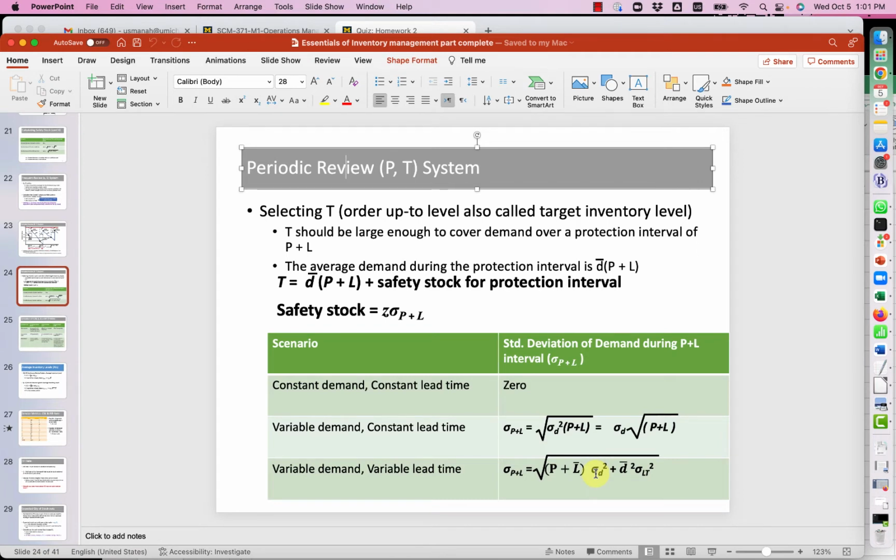You have to insert a symbol in Excel, so I just replace sigma by S when I write it out. And then we have D squared, and then you have the lead time standard deviation, sigma L or SL, squared. It says LT here, you can call it L or LT. That's the lead time standard deviation squared.